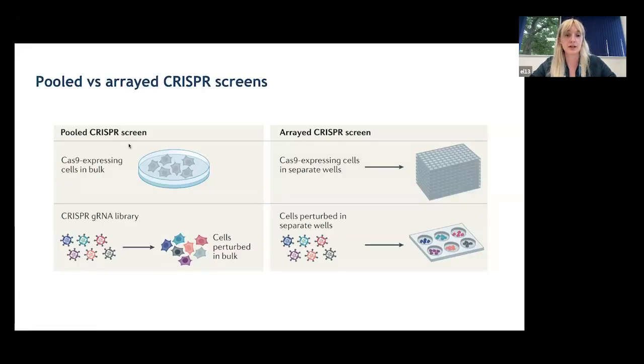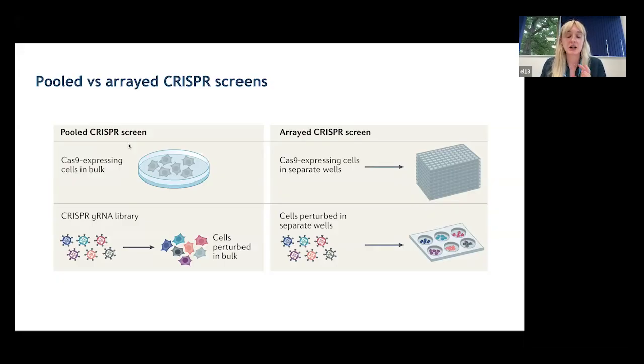So in contrast, in an arrayed screen, the perturbation is split by reaction compartment, and that's typically a 96 or a 384 well plate. So you know before you do the experiment which wells have each guide present in them, and therefore your readout doesn't require sequencing. This means this format is amenable to expanding into higher resolution assays because you don't have to map back which guide you've introduced.